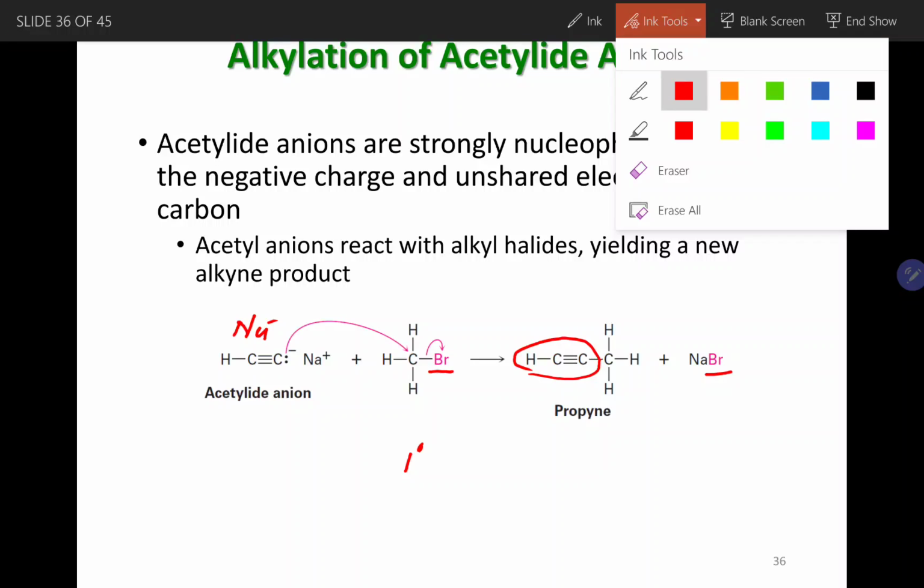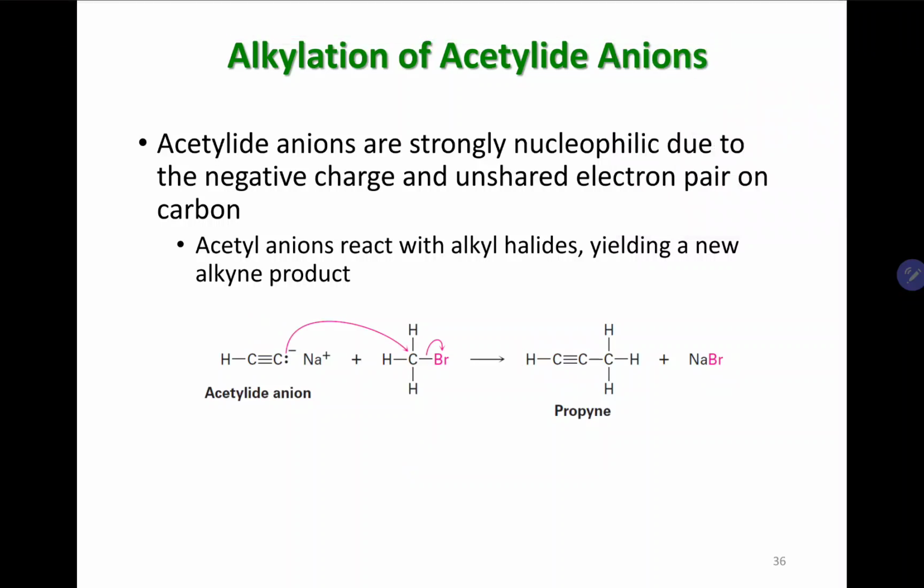If you are not very familiar with substitution reactions, in later chapters we will talk about many different substitution reactions, and we will categorize them into different groups like SN1 and SN2. But let's say you don't understand them at this level.